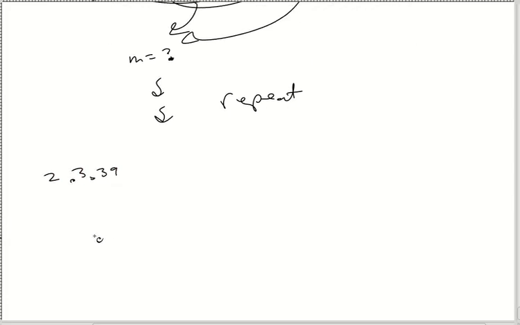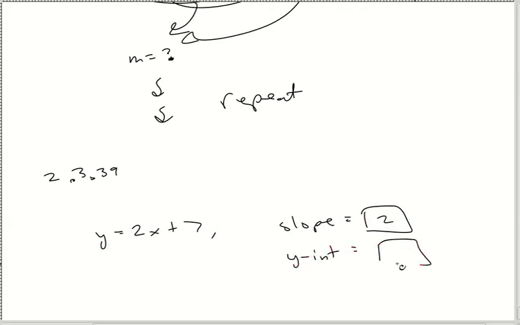2.3.39. I have y is equal to 2x plus 7. And they first off say, well, what's the slope? 2. Okay. What's the y-intercept? 7. mx plus b. Slope. Y-intercept.